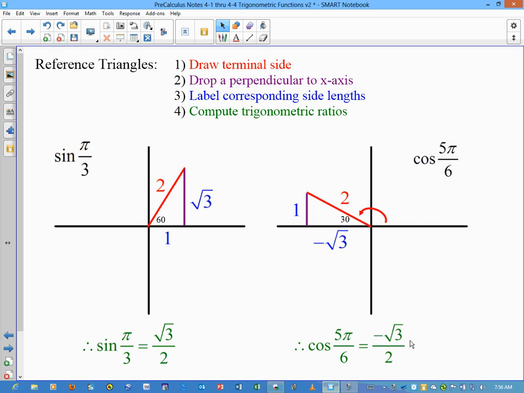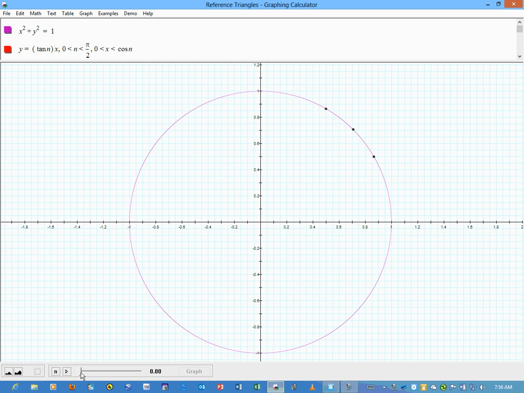Now, for quadrantal angles, let's say we have an angle that's not in a quadrant, but actually has its terminal side on one of the axes. Then you have a couple of different ways you can do it. First of all, just to give you a visualization, let's say these were all of our reference triangles.